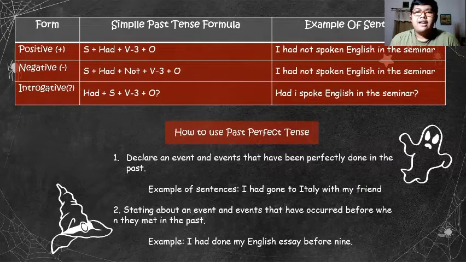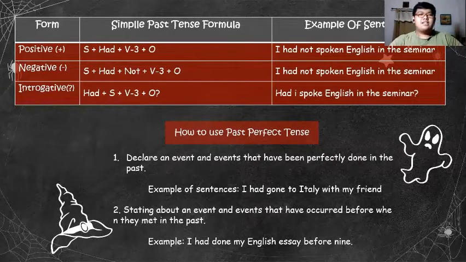For the example, I had not spoken English in the seminar. Again, I don't know how to say seminar in English. And the third, interrogative form is had plus subject plus verb 3 plus object and then question mark. For the example, had I spoken English in the seminar? All right, I don't know how to say English in seminar, but then I will try to translate it later.